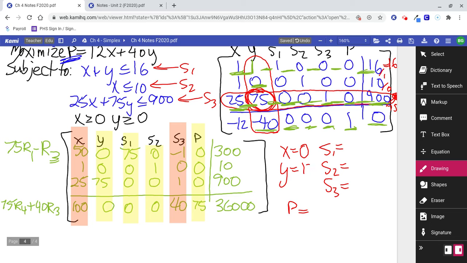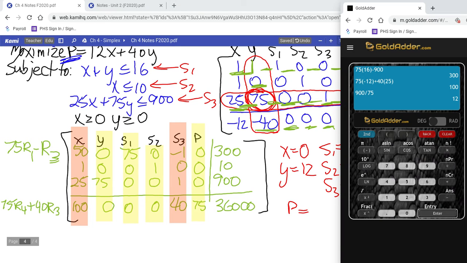So y is 12. S1, 300 divided by 75, that's 4. S2, 10 divided by 1 is just 10. S3 is non-basic, so that's easy. That's 0. And P is 36,000 divided by 75. $480.